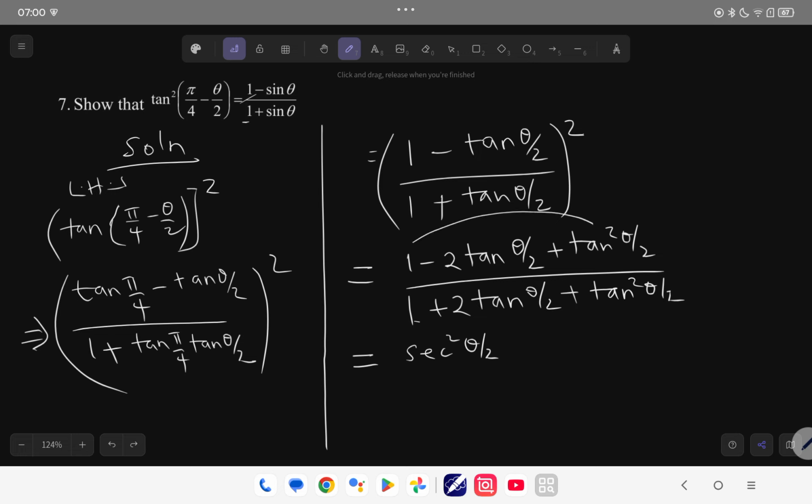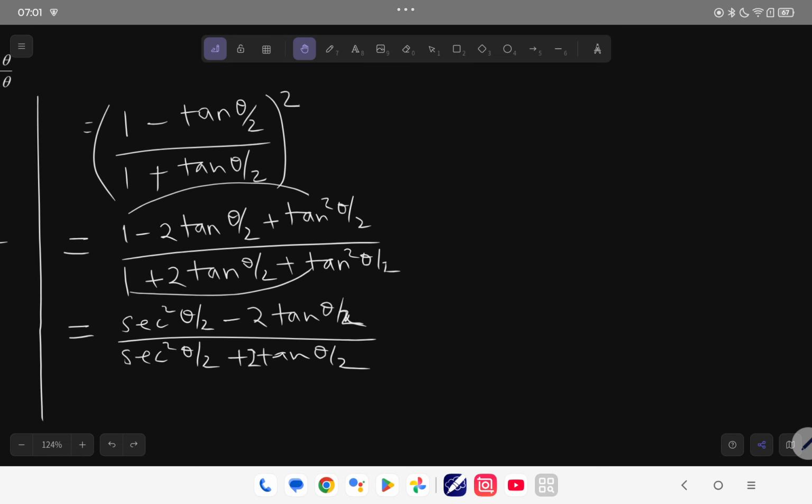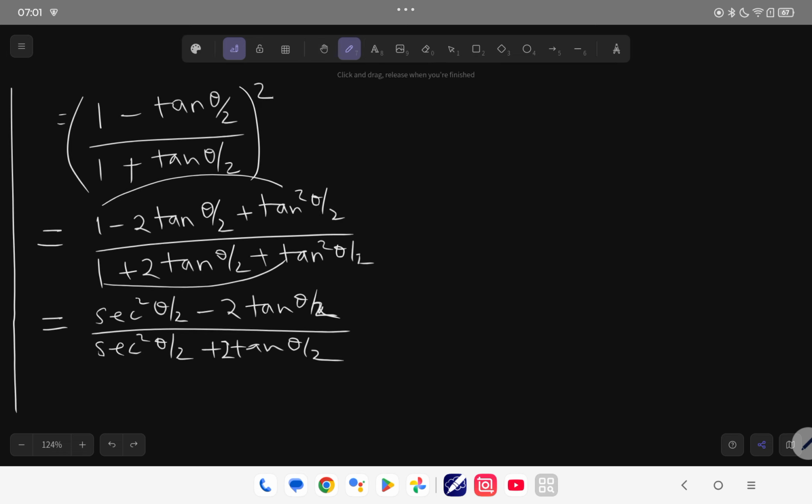So we have sec squared theta over 2 minus 2 tan theta over 2 over sec squared theta over 2 plus 2 tan theta over 2.